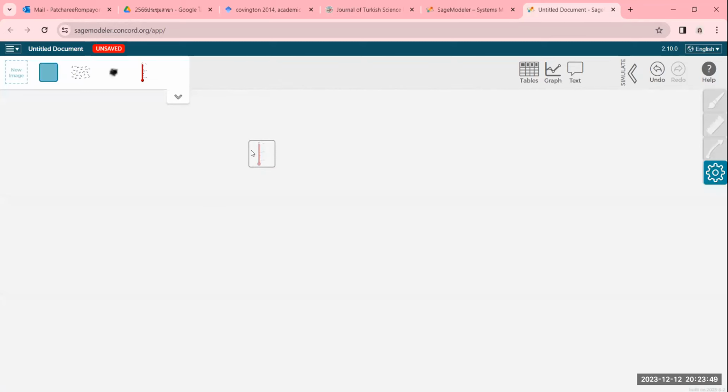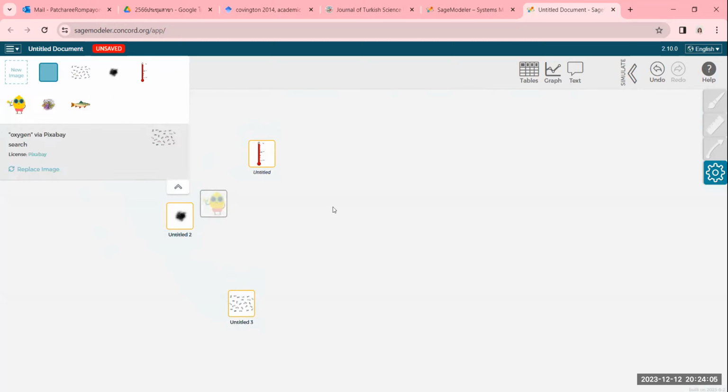First, we have to show this one is the level of... okay. Here, the arrow, okay. So we choose this one.